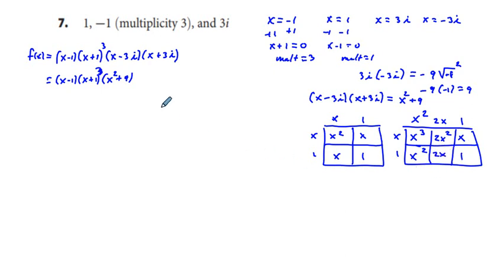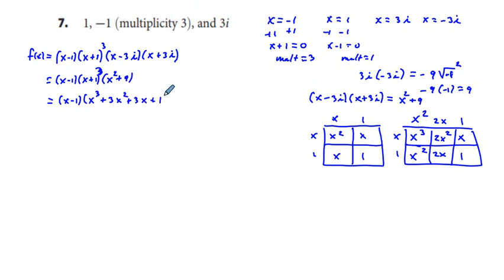So what we're going to get here is x minus 1 times x cubed, excuse me, x cubed plus 3x squared plus 3x plus 1.